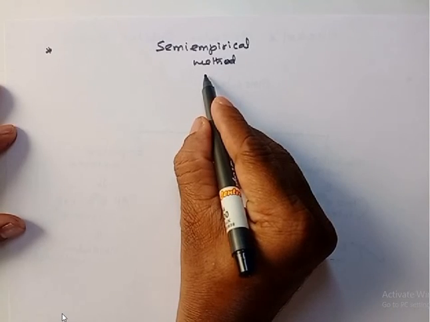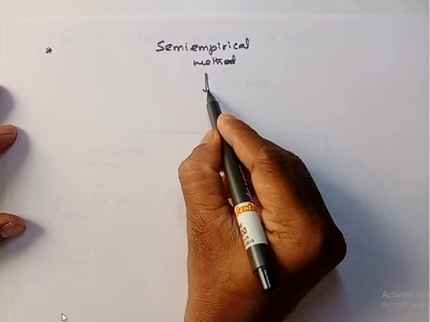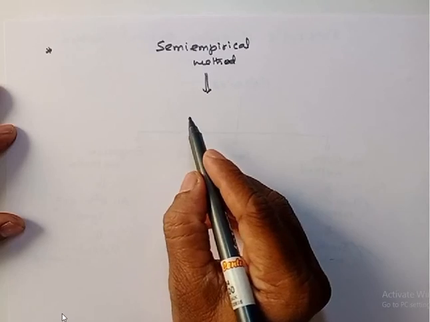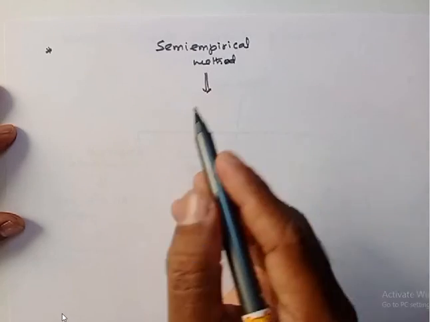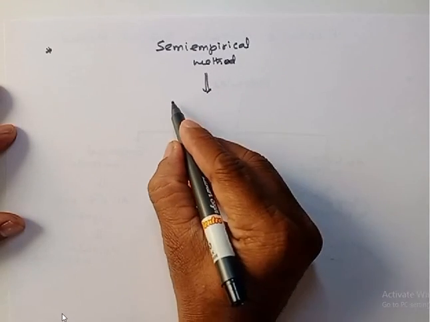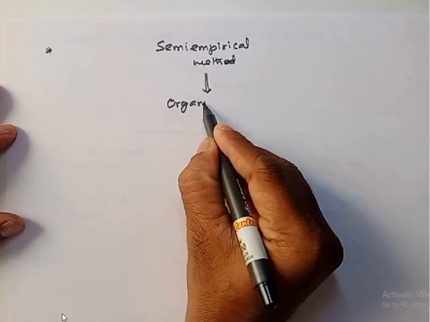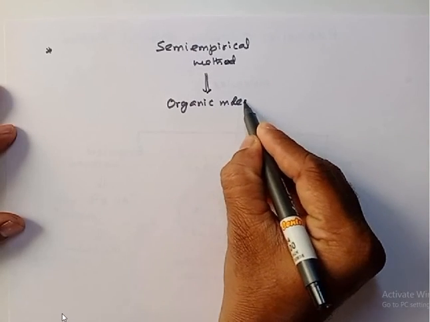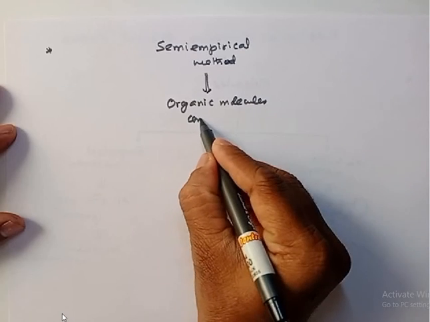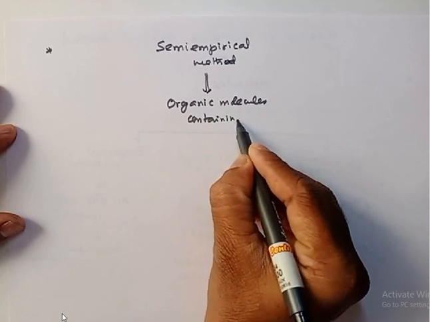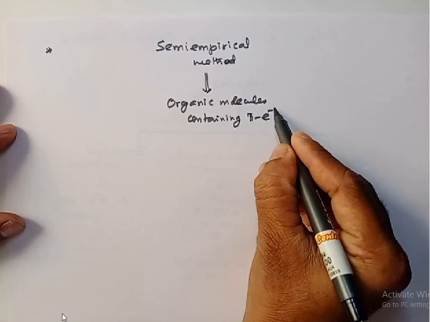In those days, suppose a molecule contains sigma bonds as well as pi bonds, I'll take organic molecules containing pi electrons.